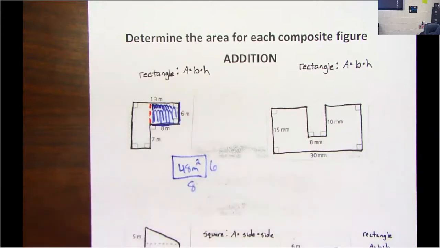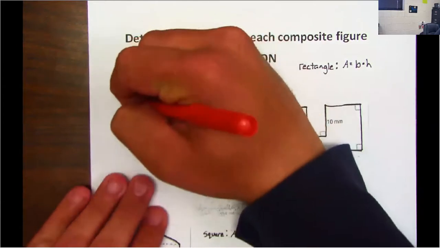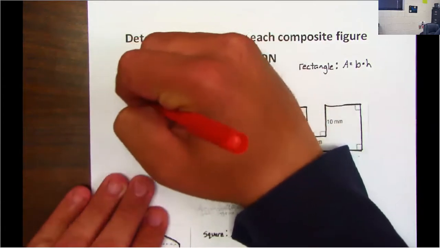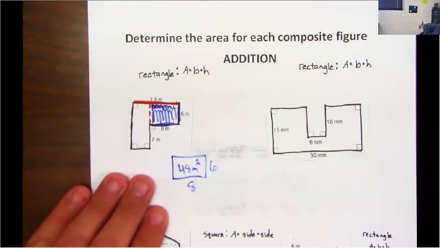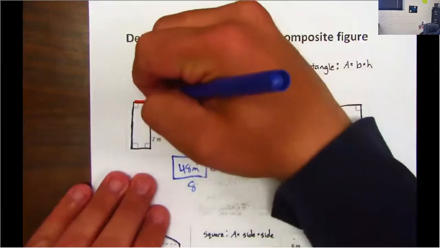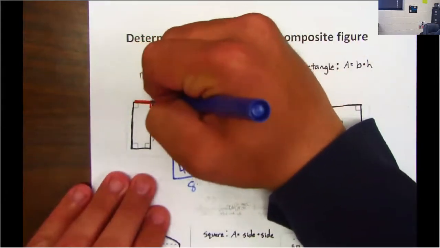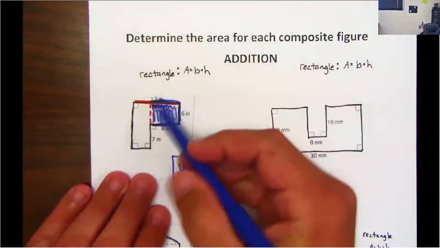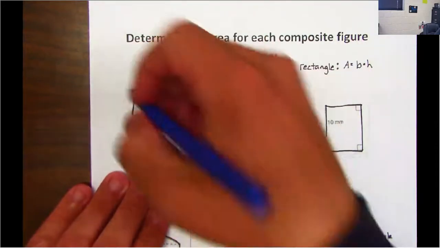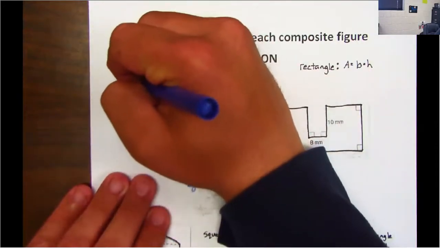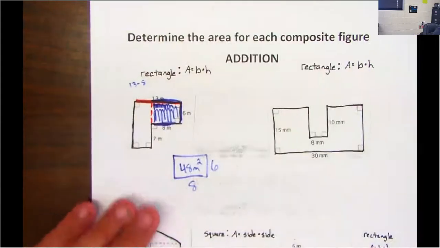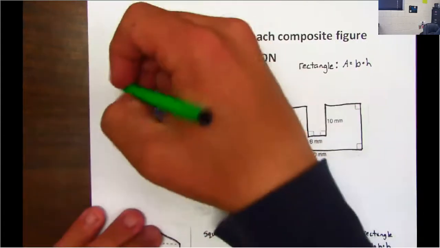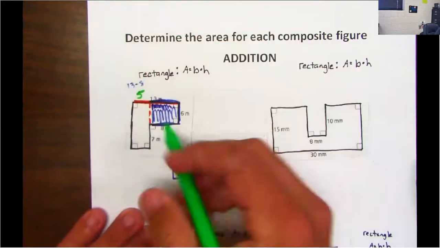Now we got to find the area of this one. Now I want you to think about it. This whole thing is 13 meters. But I just used 8 of it right there. I used 8 of it. So how much is left? Well, 13 minus 8 would leave me with 5.